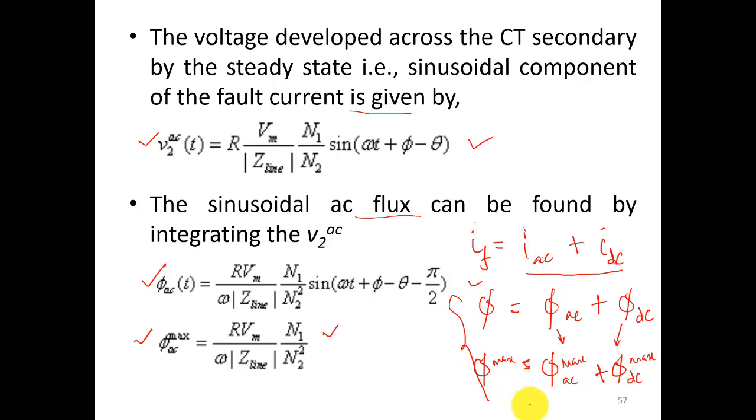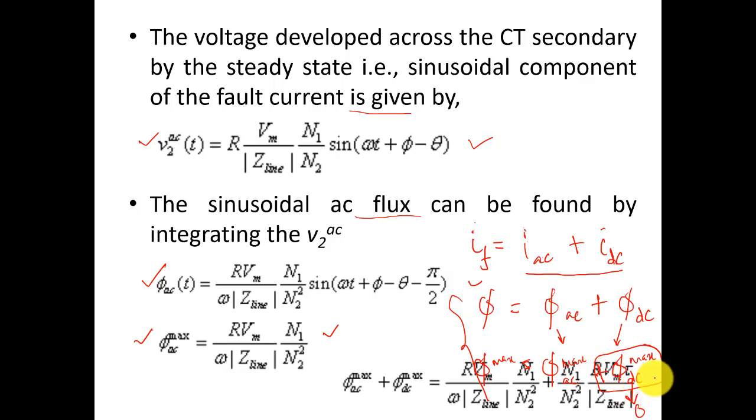Because if the DC offset is not there, then this component would have been 0. So because of the DC offset, this component is coming into picture, and it will lead to more maximum flux, and by that way it will again lead to the saturation of the core.